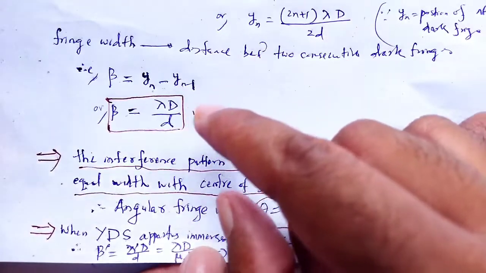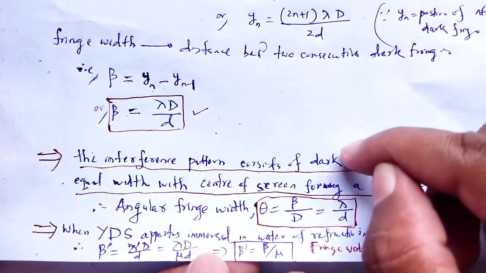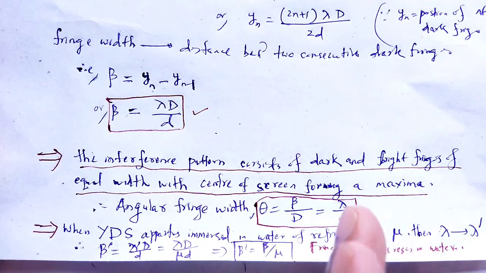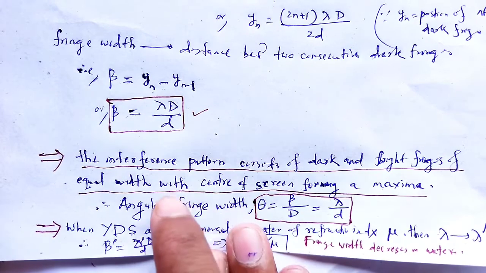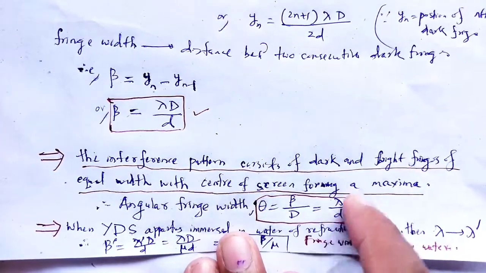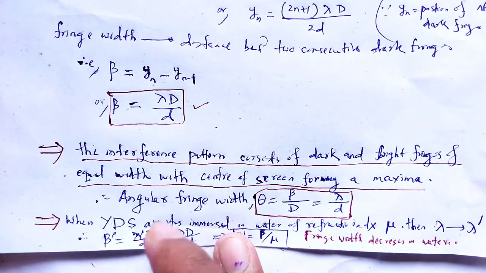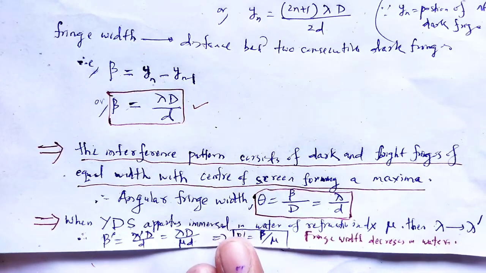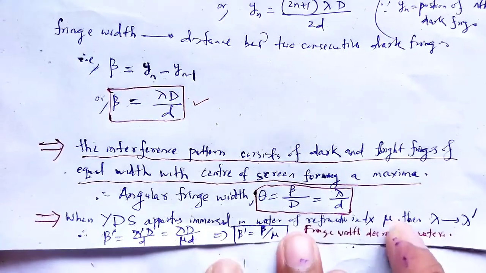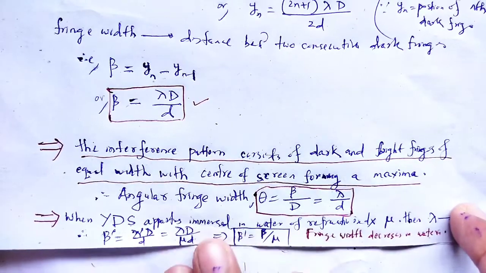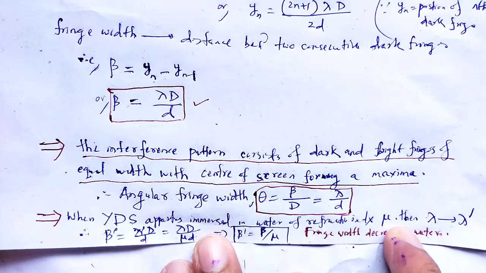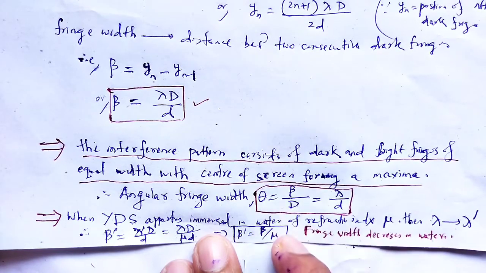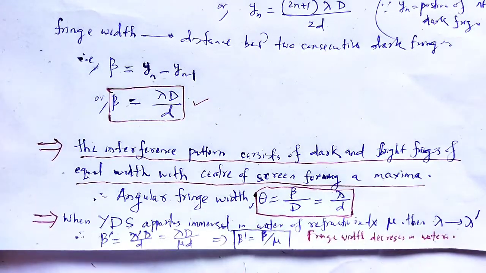From this, the interference pattern consists of dark and bright fringes of equal width, in which the center point is maxima, and the angular fringe width. And if the experiment is immersed in water having refractive index mu and the wavelength changes from lambda to lambda dash, the fringe width decreases to 1 by mu times that in air.